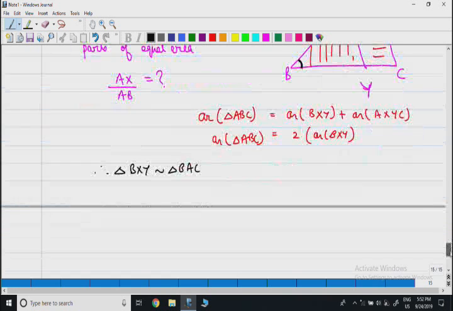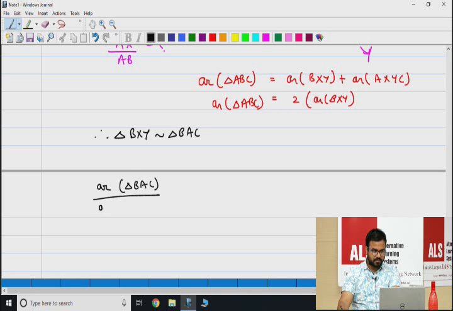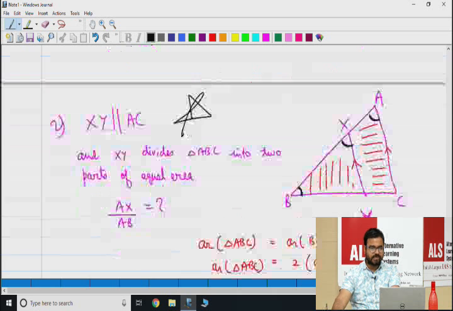So we can say area of BAC upon area of triangle BXY.